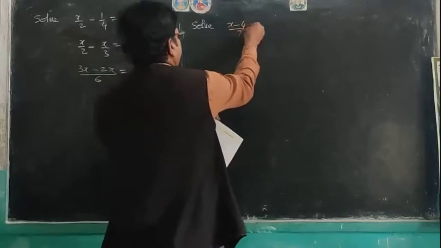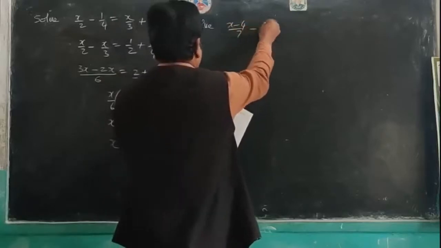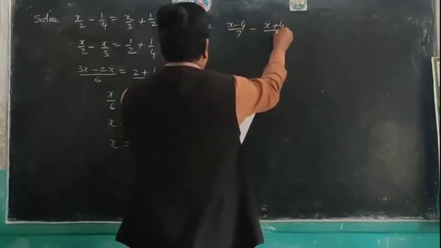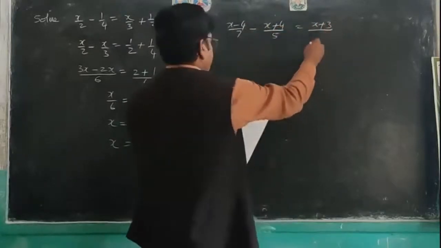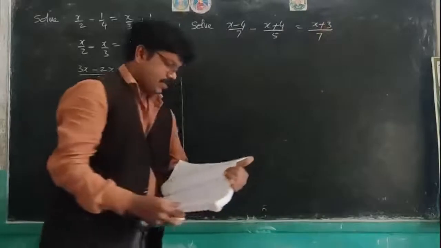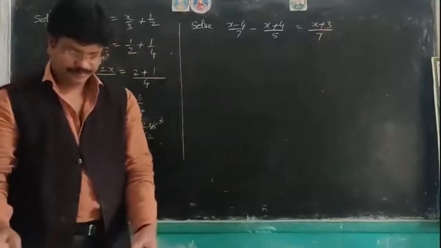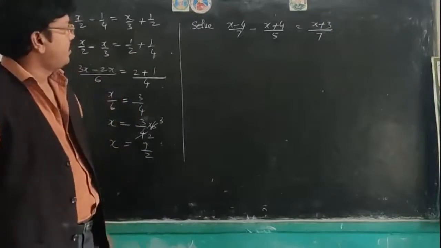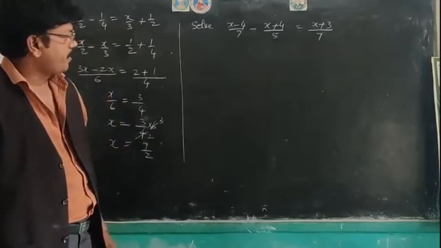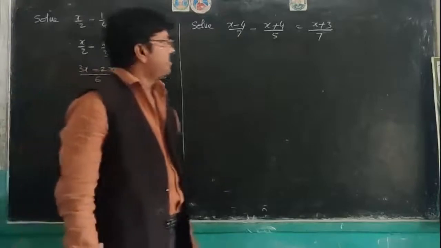x minus 4 by 7 minus x plus 4 by 5 equals x plus 3 by 7.